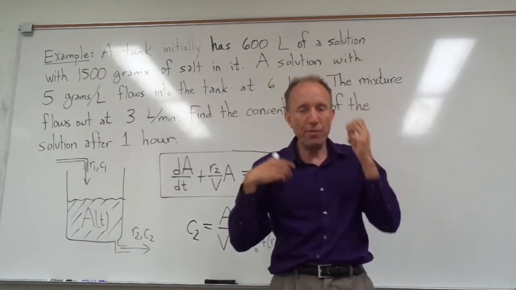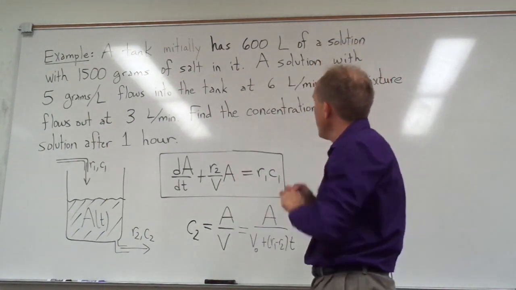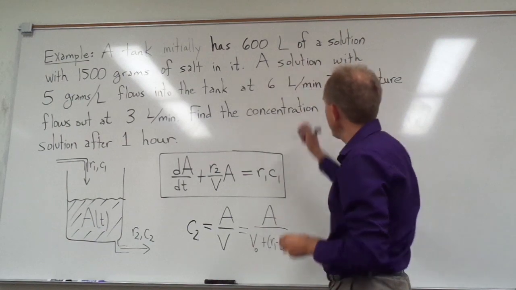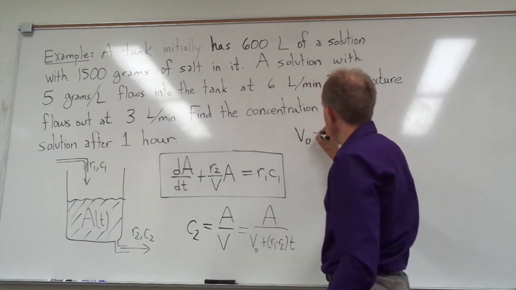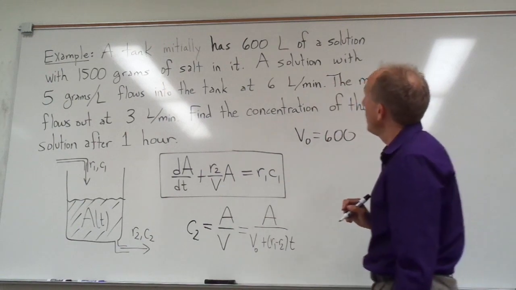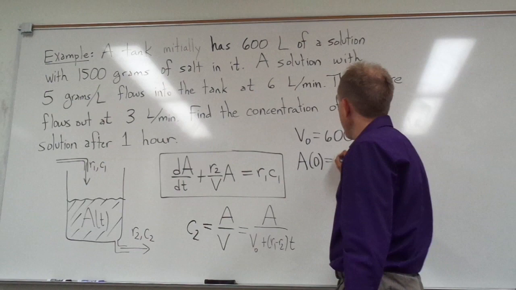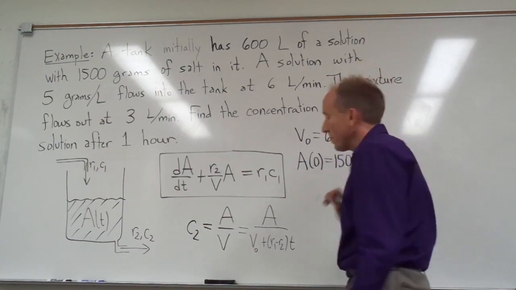So a lot of this is just figuring out which number goes in which place. Okay? So, for example, the 600, that's just going to be the initial volume, right, down here. The 1,500, that's just the amount of chemical at the start of the process, A of 0.